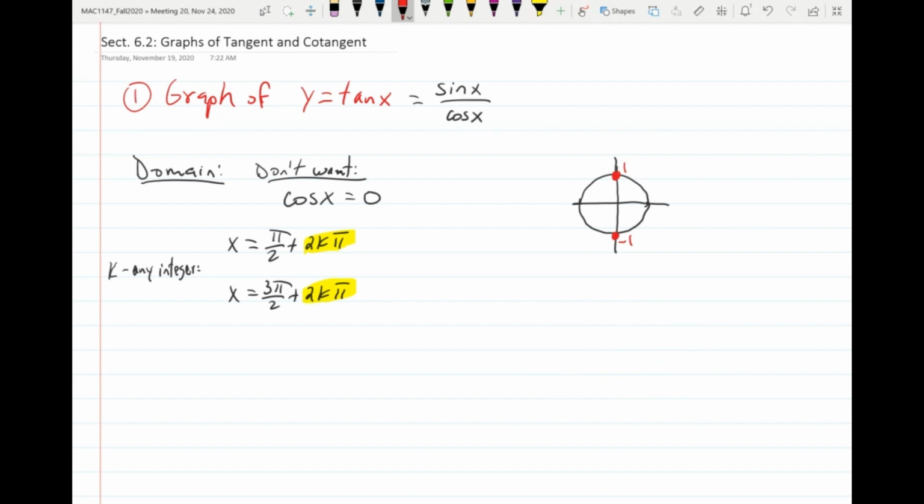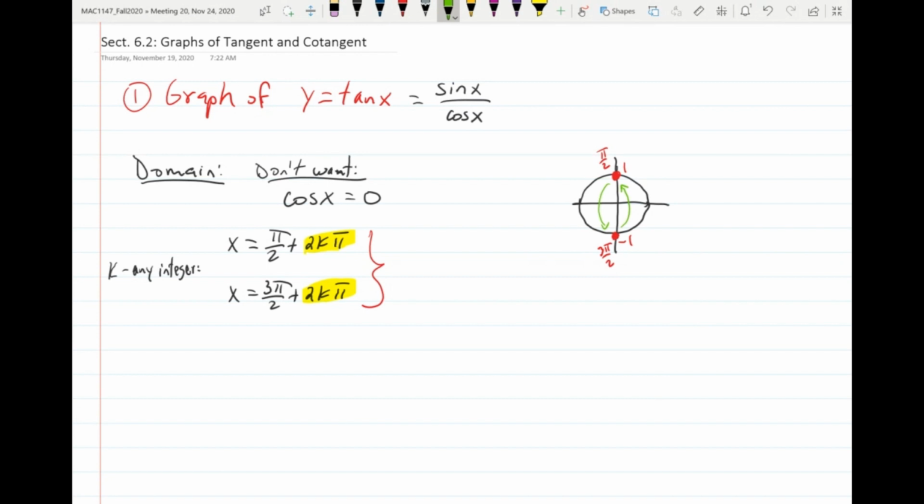Okay, now there is a nice way of combining these two answers. Because actually, if you think about it, you can also see it from the picture, we're actually jumping from pi over 2 to 3 pi over 2. So you're jumping between y equals 1 and y equals negative 1. You're going from here to here, and then from here to here.